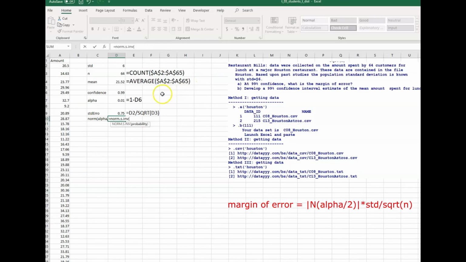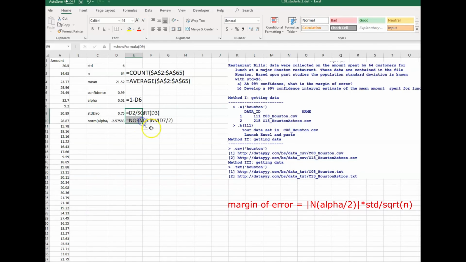So probability will be alpha divided by 2. According to the textbook, and sometimes confusing, it is negative, so we use the absolute value.